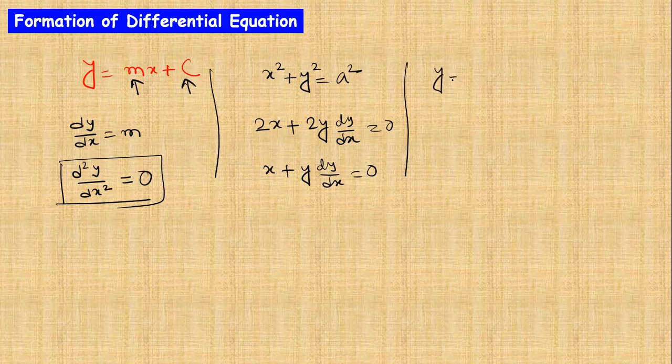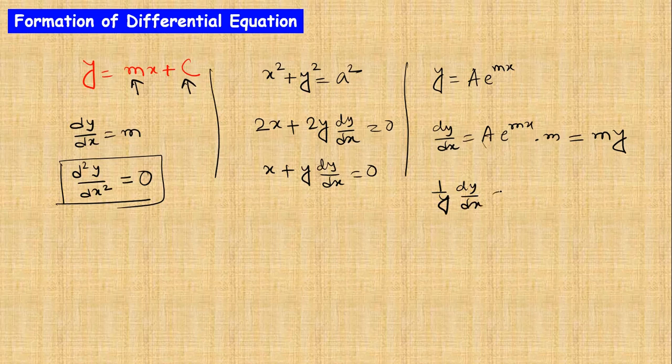Suppose you have y equals a e to the power mx. There are two constants, so dy/dx gives a e to the power mx times m. This is nothing but y, so this is my. So you can write 1 by y dy/dx equals m.